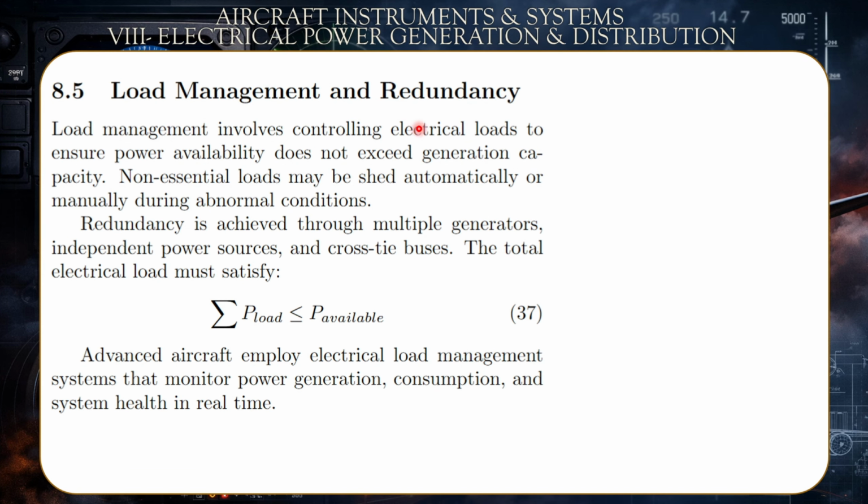Load management and redundancy. Load management involves controlling electrical loads to ensure power demand does not exceed generation capacity. Meaning, if the alternator is generating, let's say, 10 amperes, this is a fictitious example because much more power and current is required to run an aircraft.